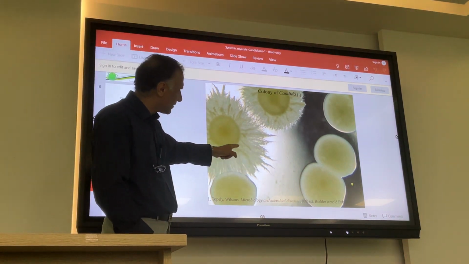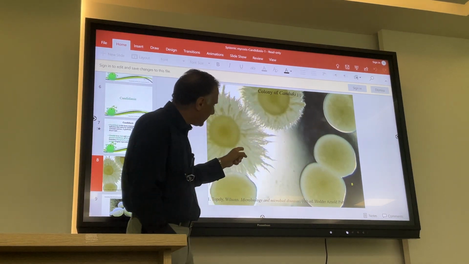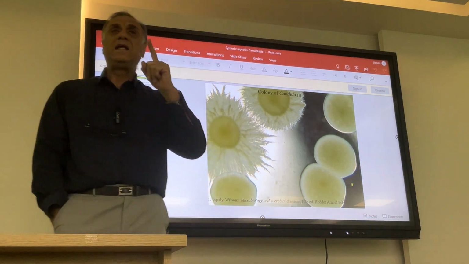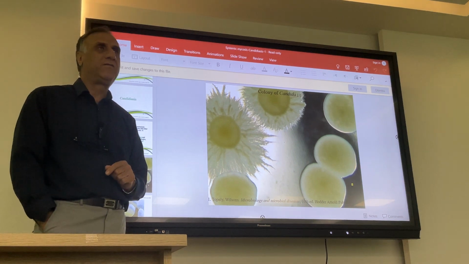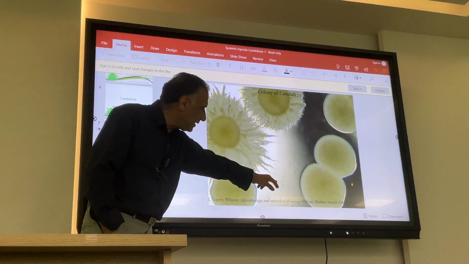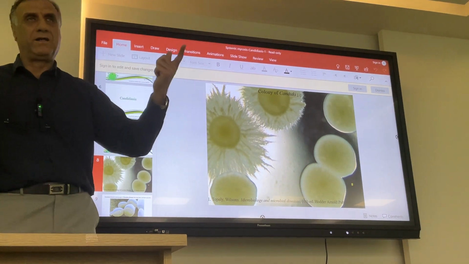This is the yeast form and this is the pseudohypha. In the pathogenic form of Candida in the body, like in media, it makes pseudohyphae.